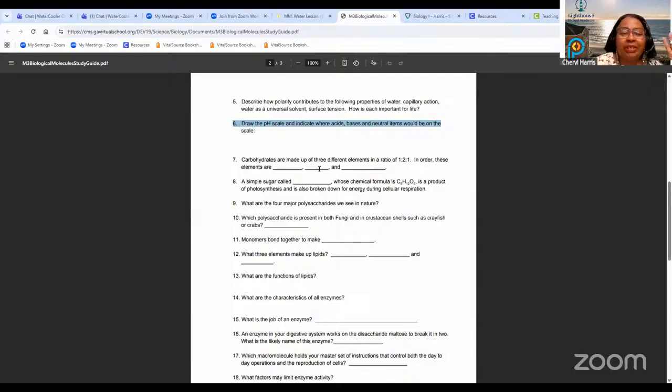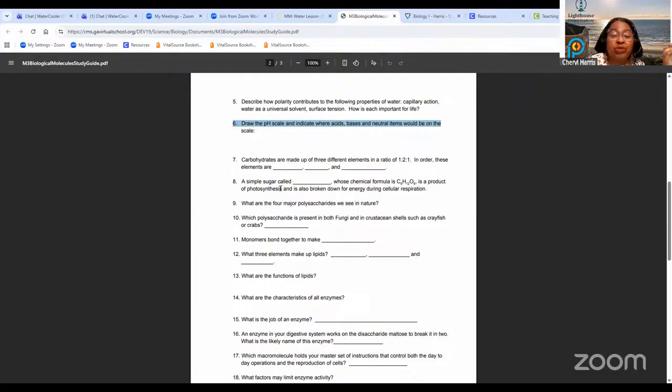Scratch that. It is 1 carbon, 2 hydrogens, 1 oxygen. That's how we can get H2O, because we can get two H's and 1 O. So the ratio is 1 carbon, 2 hydrogens, 1 oxygen. So that's what you have on number 7.